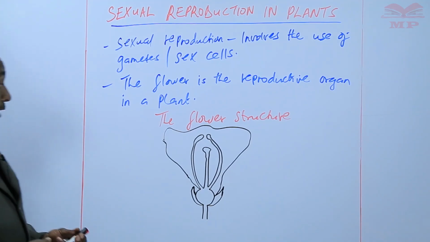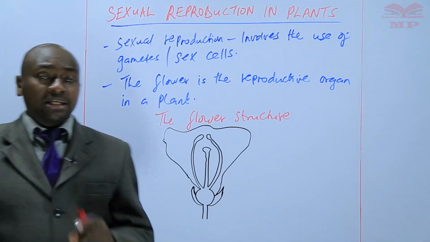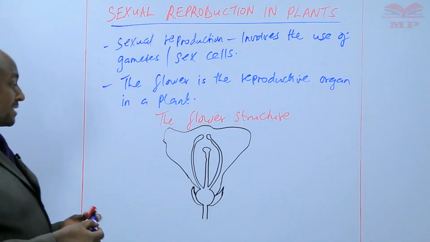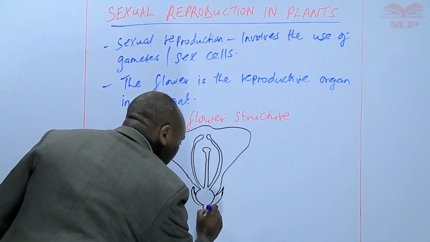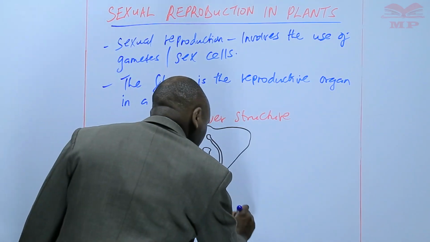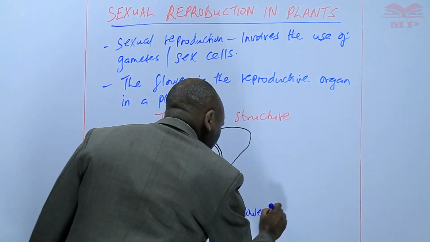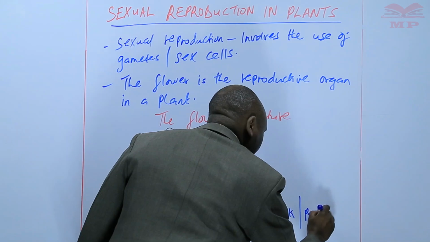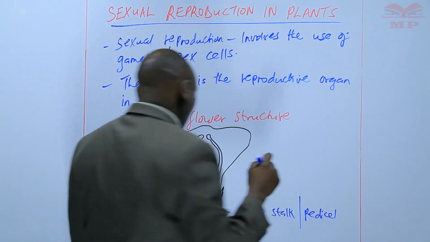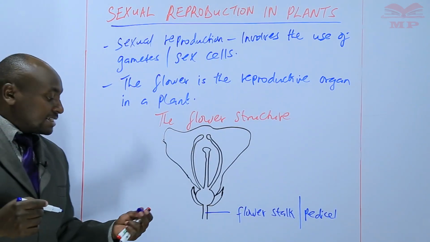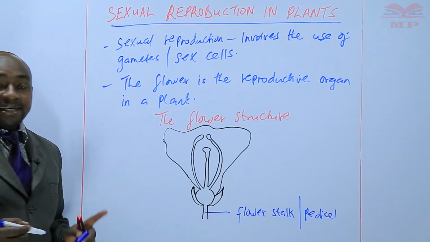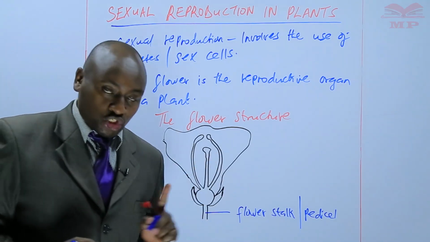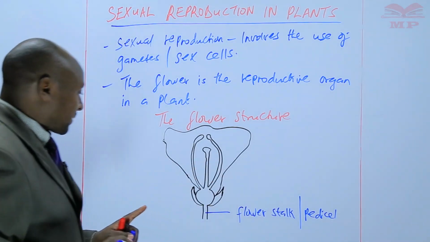And first of all, a flower has two main parts. It has this part that we call the flower stalk, or the pedicel. That's another name for the flower stalk. And that is the point at which the flower is attached to the branch or to the stem.